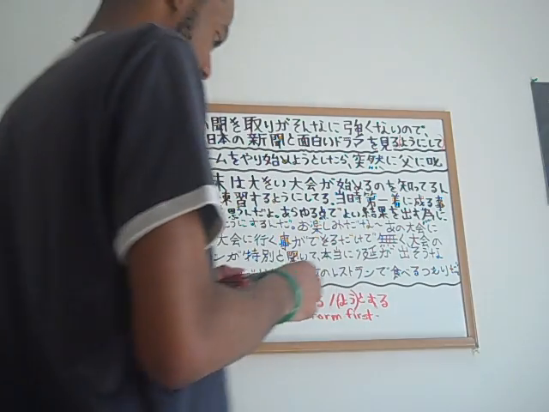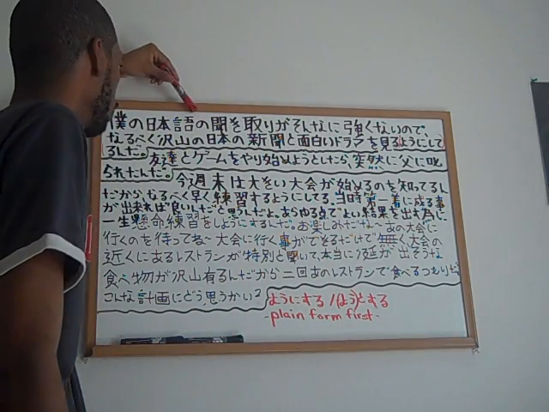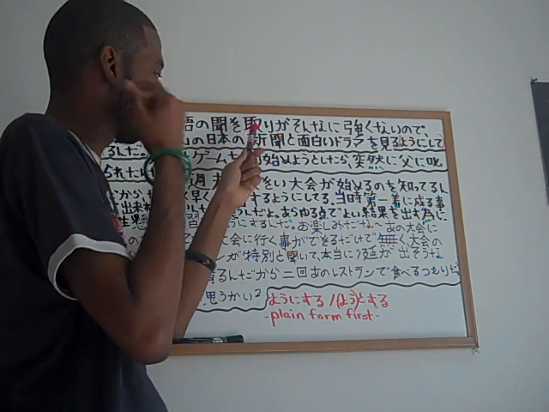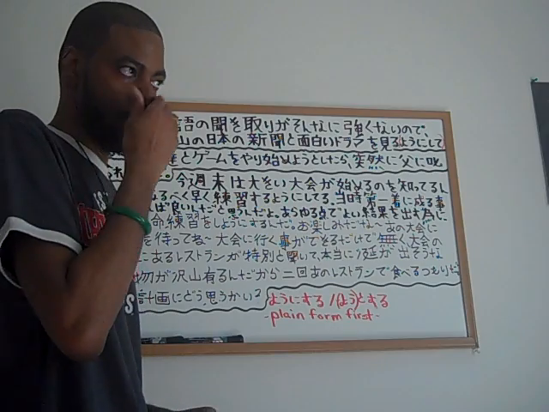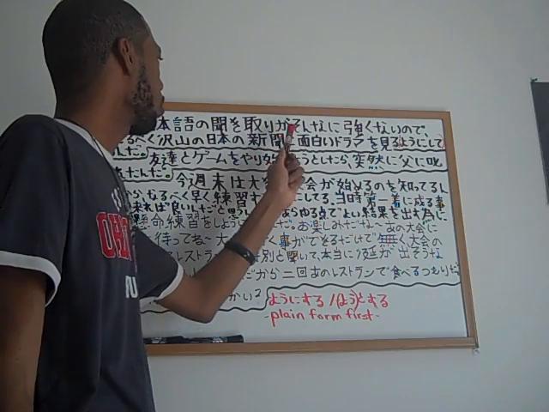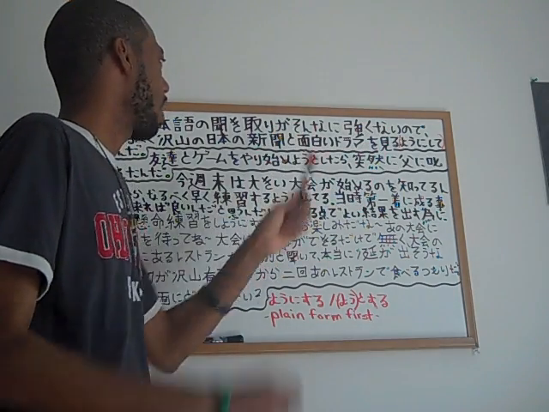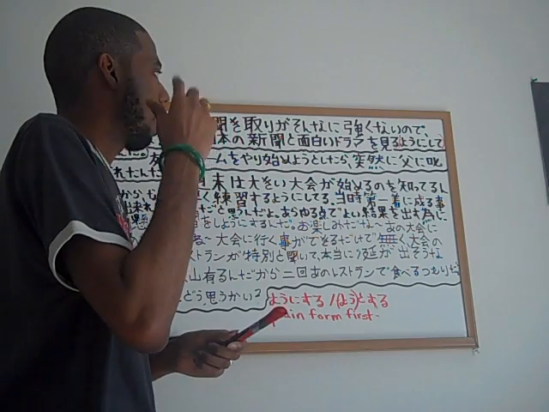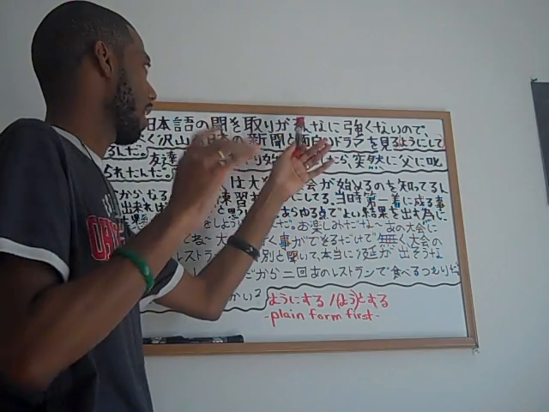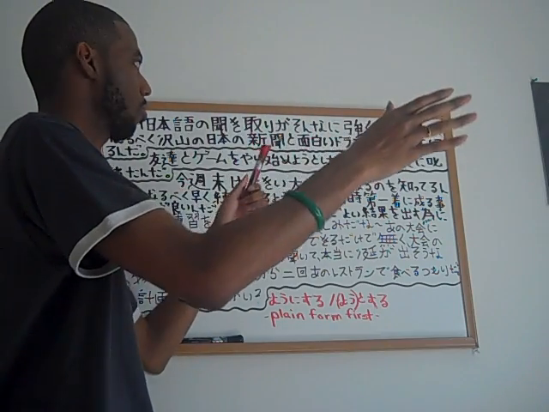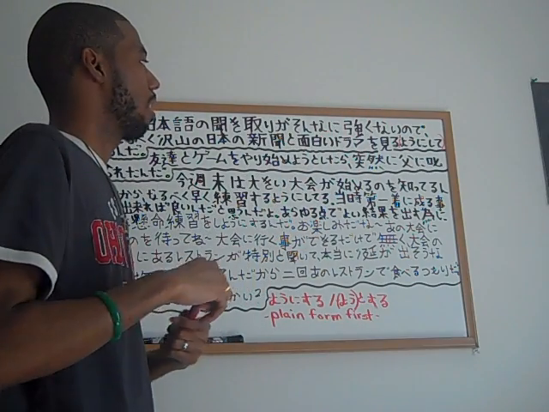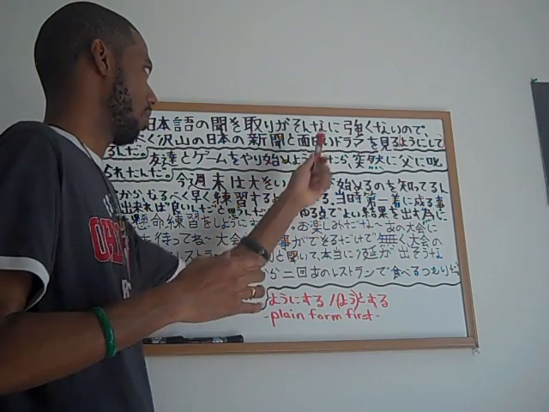Let me translate first. 僕の日本語の聞き取りが, my Japanese listening, kikitori is referring to your listening skills. 僕の日本語の聞き取りがそんなに強くないので, so my Japanese listening skills are not that good. そんなに means in such a way.